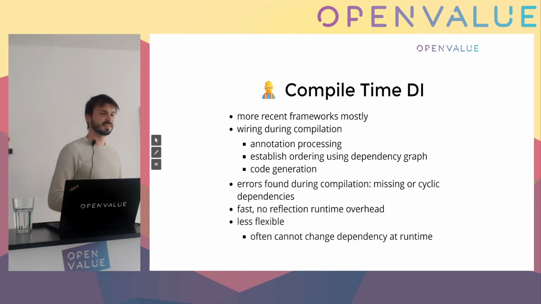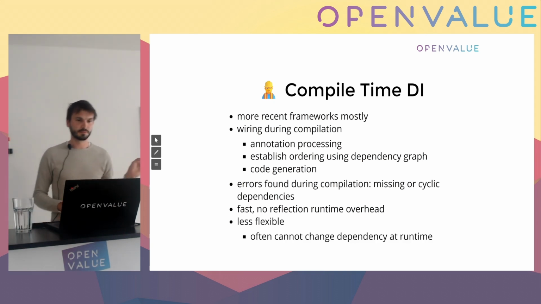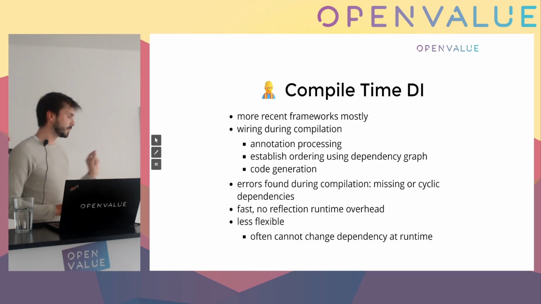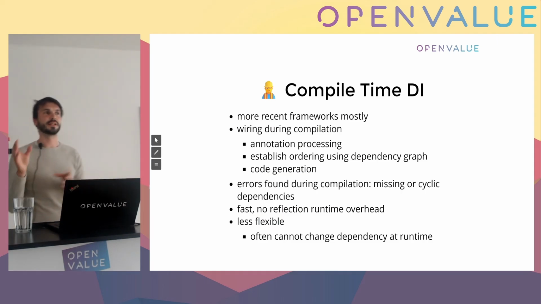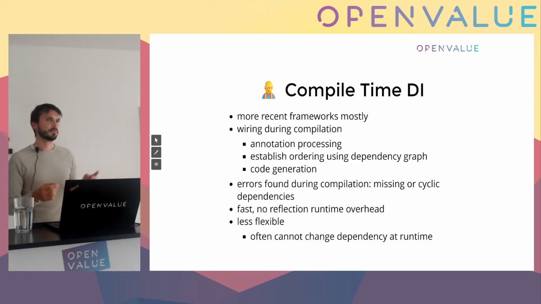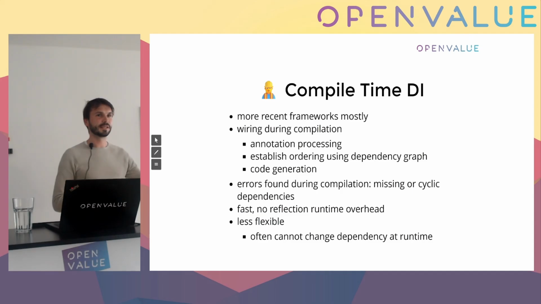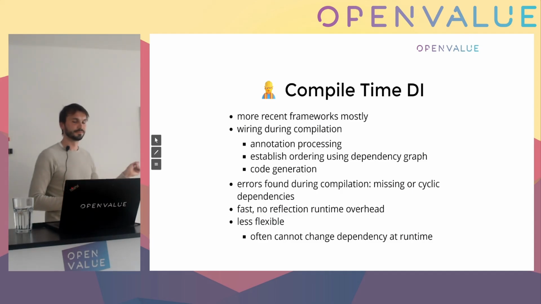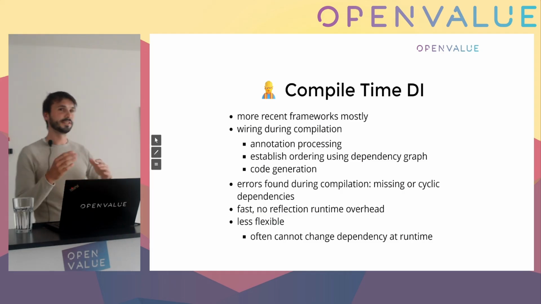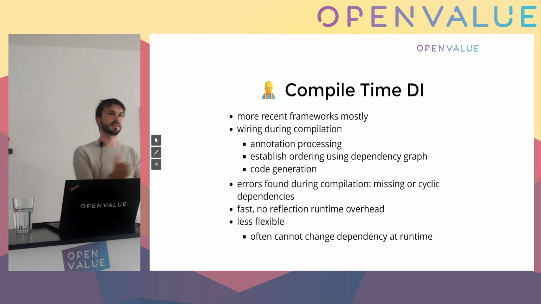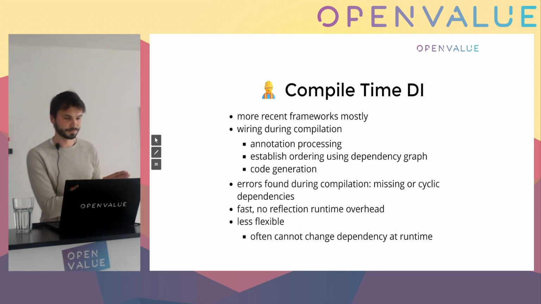Another thing is they're often a little less flexible than the runtime frameworks. It's not always like this, so you can change dependencies at runtime based on profiles, properties, or something like this. But for example, Micronaut supports it, but as soon as you do native code compilation, it might not work anymore. Which means you might have a dependency you didn't expect, because you think this profile is active, but you have the testing dependency there in the end.